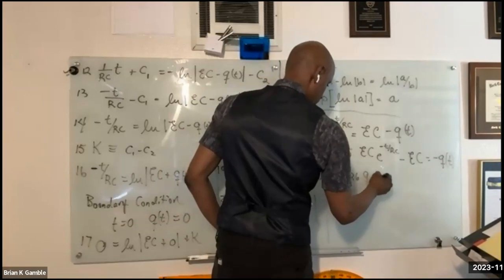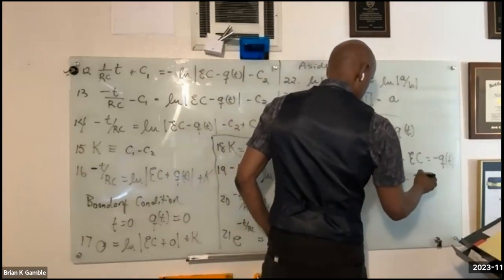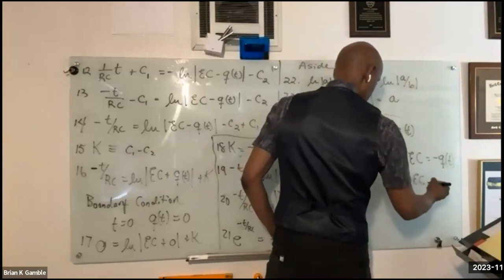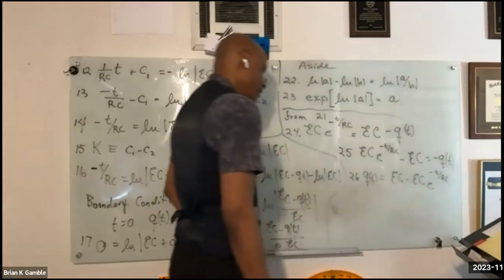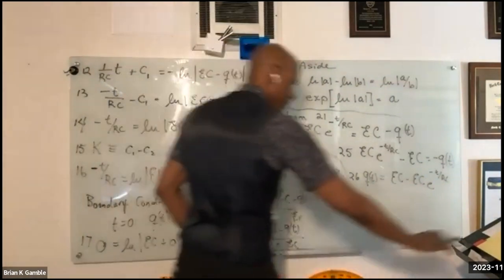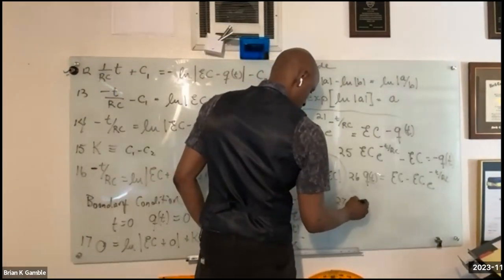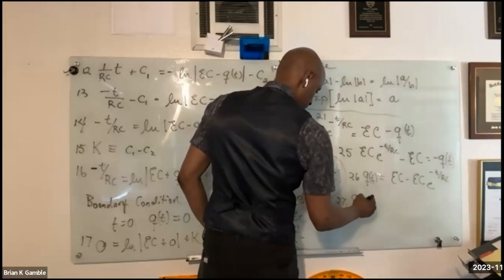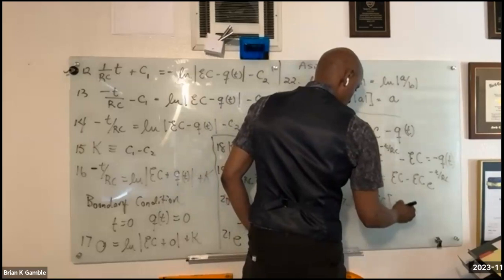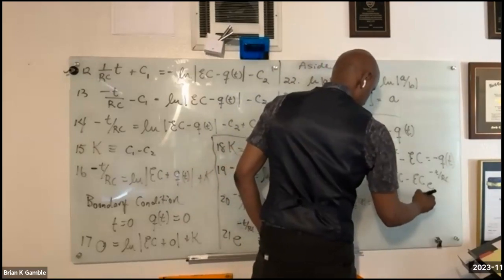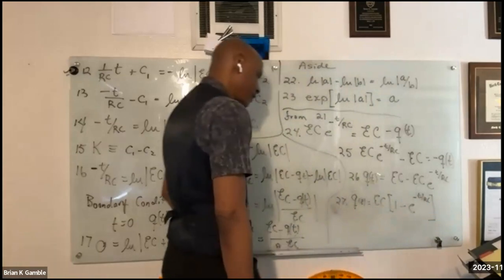Q of T equals EC minus EC, I just flip around, E to the minus T over RC. Now I can factor out an EC on the right side, and I have Q of T equals EC times quantity 1 minus E to the minus T over RC.